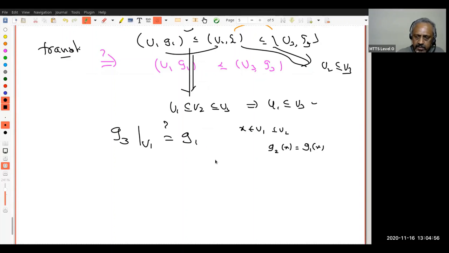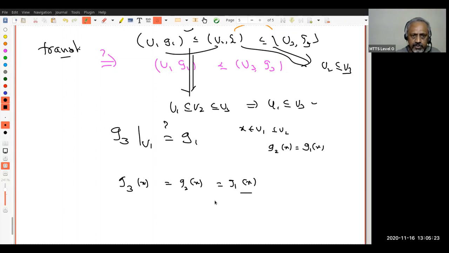right? Okay. Now x is in u2 and notice that u2 g2 is relating to u3 g3. Therefore, g3 of x is in u1 and hence in u2. And because of this relation, u2 g2 is relating to u3 g3, g3 of x must be equal to g2 of x. But g2 of x equal to g1 of x. Yeah.